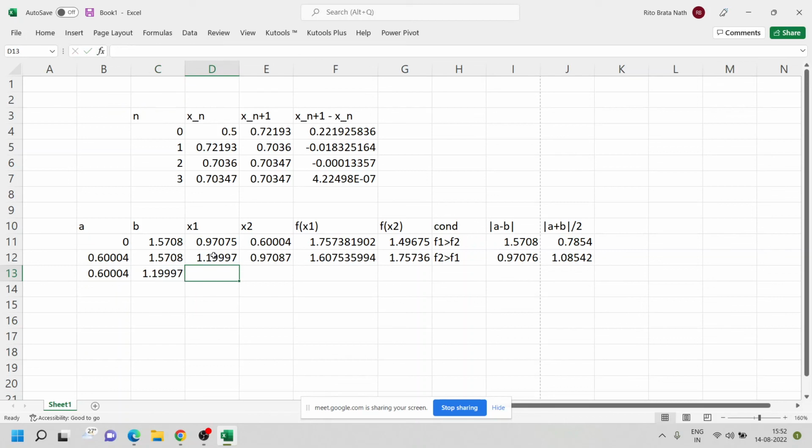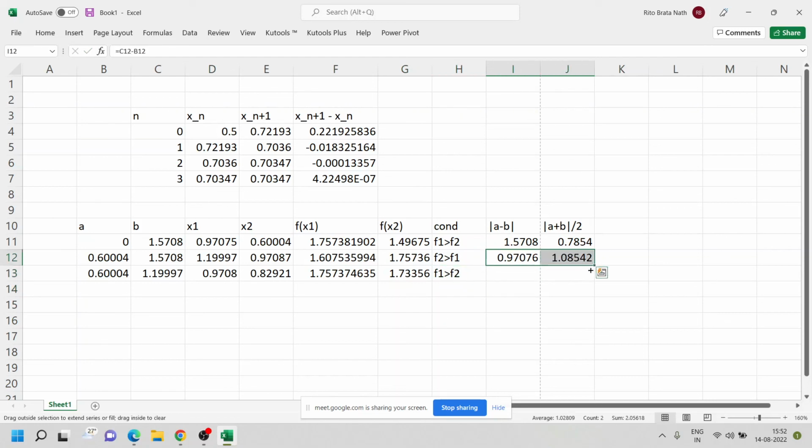And then again, you can just drag the rest of the part accordingly. Then your fx1 and fx2 are now very close to each other. Again, this portion you can drag. This you need to again revise to x2, say 2921. This B part will remain as it is.